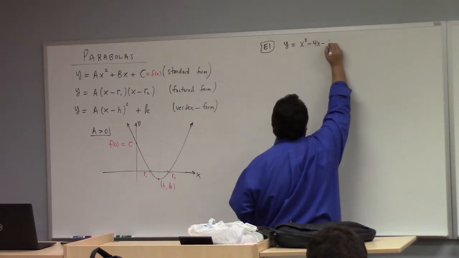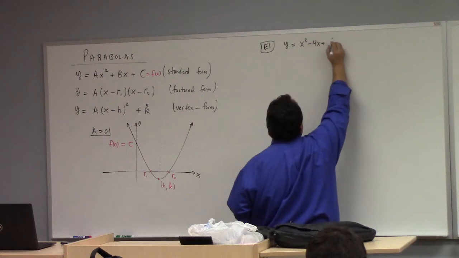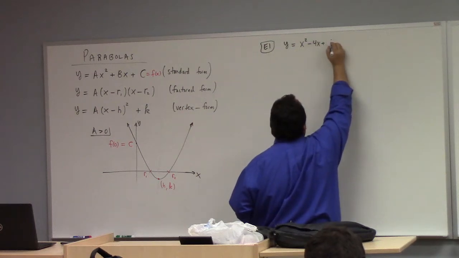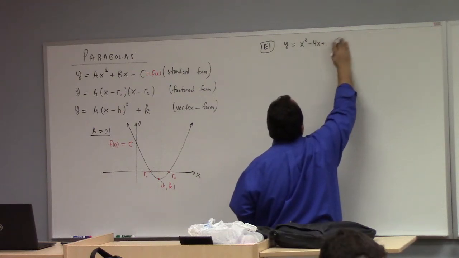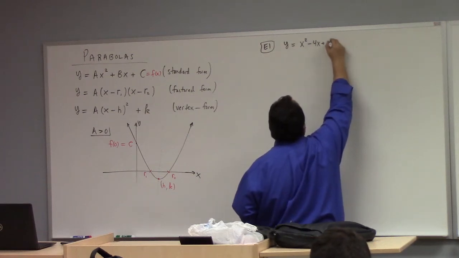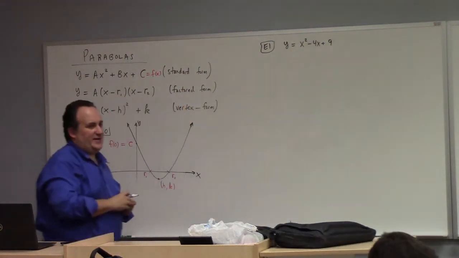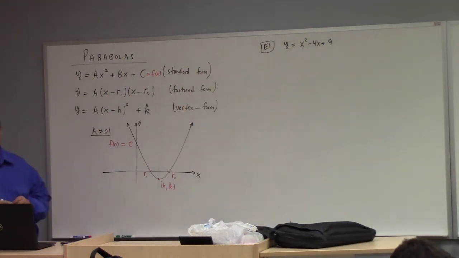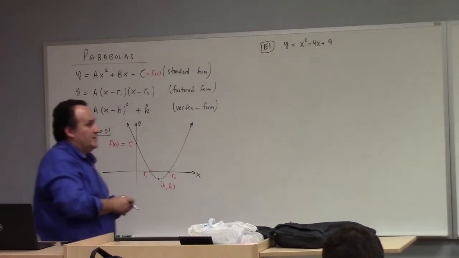No, too much, I'll make up my mind eventually. I'll put a 9 there. 5 would have been good, but I did 5 earlier today, so I'm bored with that one. Okay, so 9. In order to understand the graph, the smart thing to do here is complete the square.